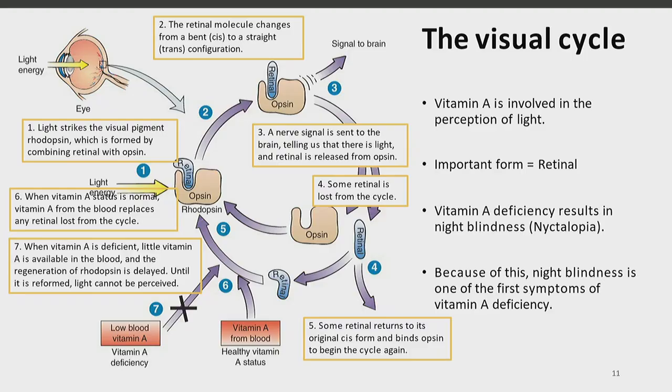Okay. And this is only achieved when you have a healthy vitamin A status. So when you have low vitamin A, as a result of vitamin A deficiency, the optimal formation of rhodopsin is not happening. And that's why you might not be able to see at night.